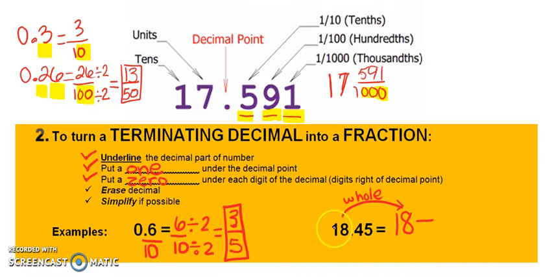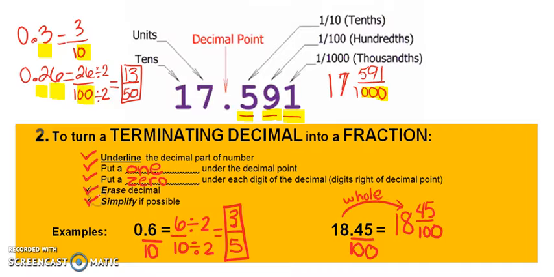Of course, that's not the 18, that's the whole number part. The decimal part is the 45. Now we put a 1 under the decimal point, a 0 under each digit of the decimal part of your number. So 4 gets a 0, 5 gets a 0. Now we're going to erase the decimal and rewrite so it looks like this, 45 over 100.